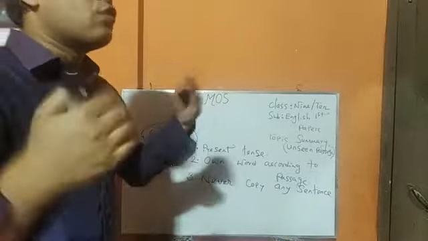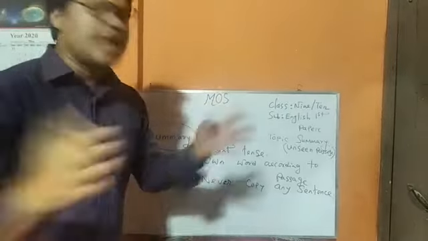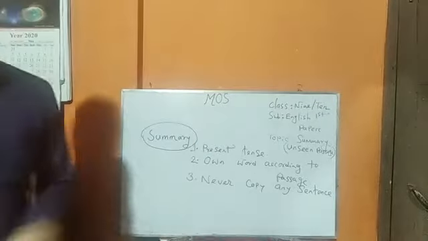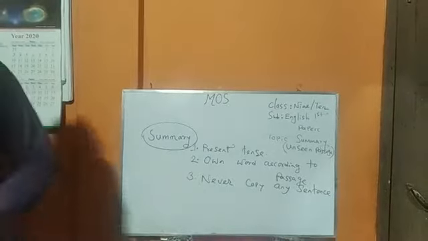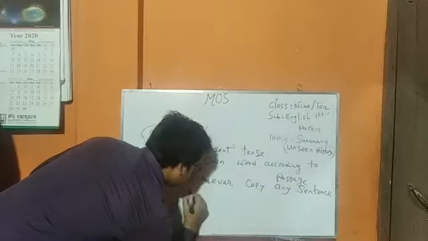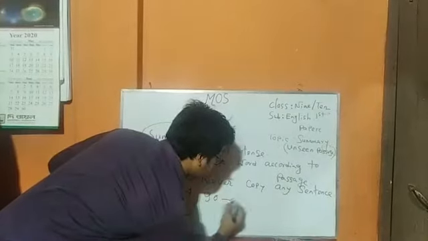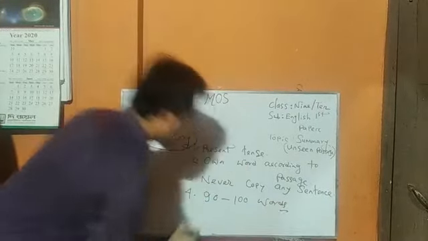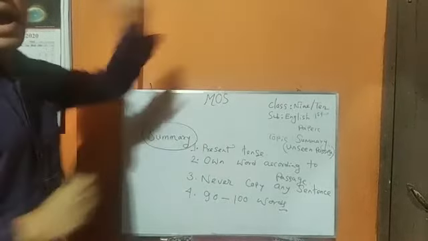Otherwise, if you copy the text, it can't show your ability or competency. That is why you have to write according to your own words. Number 4, try to write it in not more than 90 or 100 words.